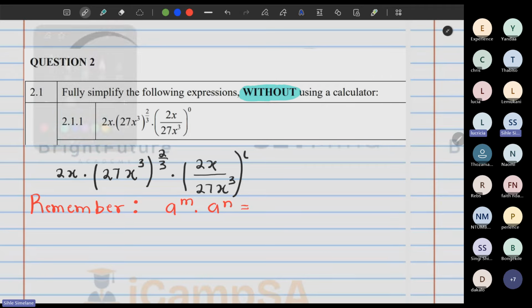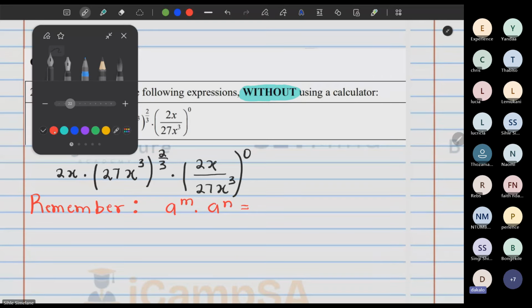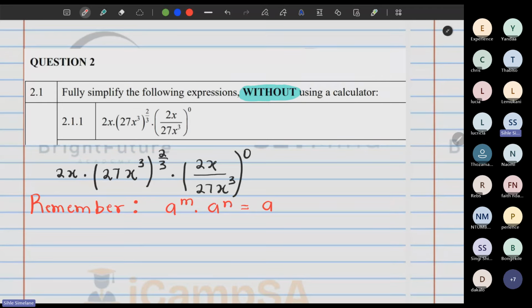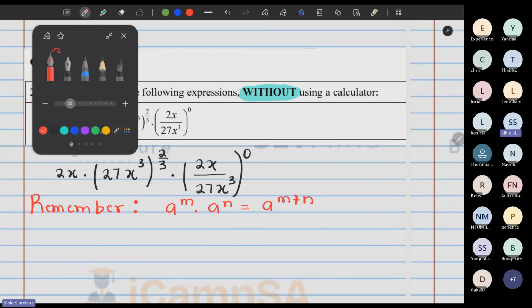Okay, let me put a 0 here. You guys give it a shot. You are giving different answers. Someone has to be right. A to the power M plus N. Yep, M plus N. You guys are so smart.